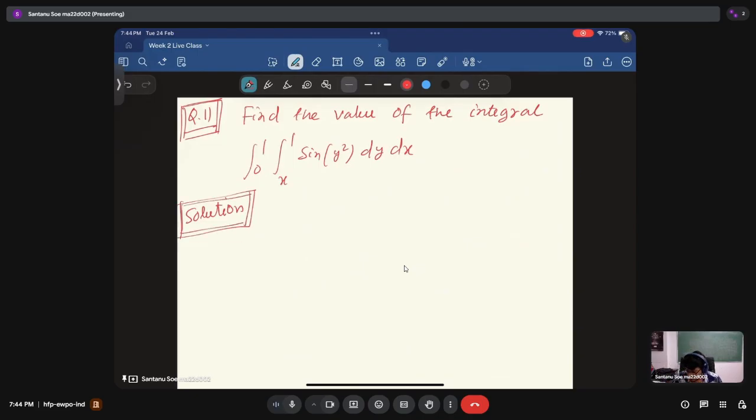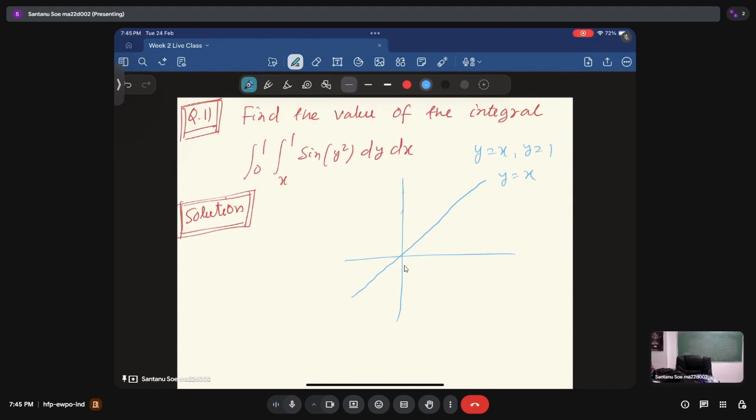Okay, so first we're going to draw the region where we are performing the integration, and then we will try to see how to do the integration. Correct. So y is varying from x to 1. So this is the line y equals x. Correct.